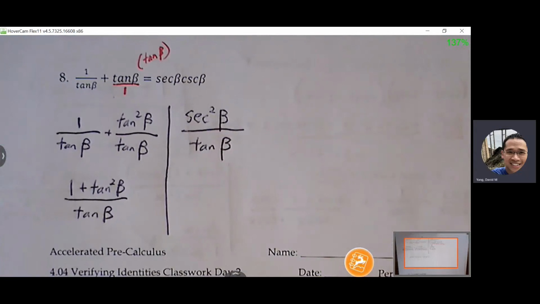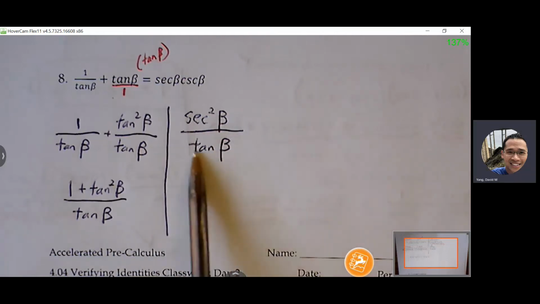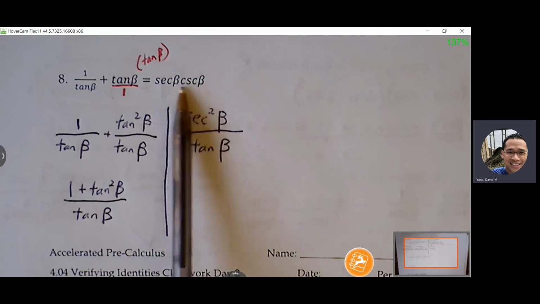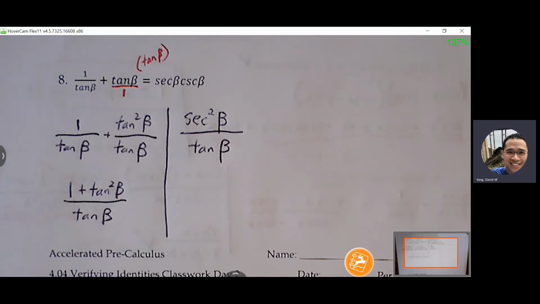Okay, so the secant is showing up. We still don't have cosecant. What do you think we can do next? Yeah, let's get that tangent to be sine and cosine. I know sine and cosine is not quite secant and cosecant, but at least we know they're reciprocals, right? So we know that we can work with that.